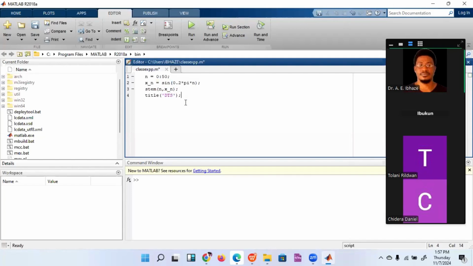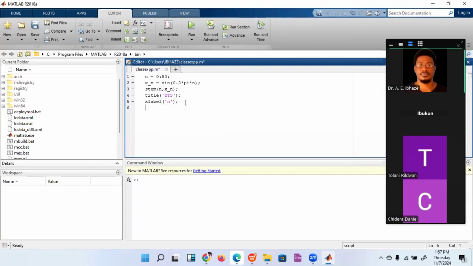Then we want to label the axis, X label. X is our n intervals, which is our discrete time index. So n.